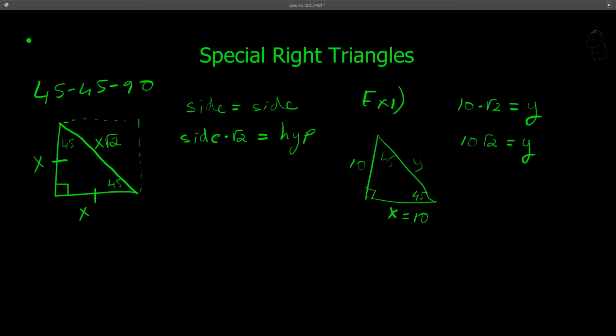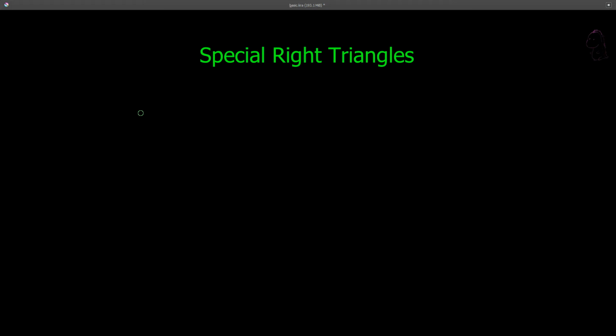Okay, let's try another example where they give you the hypotenuse instead. So they give you this to be 10, and you're looking for x and y. Now remember, side times radical 2 gives you the hypotenuse. So I have x times radical 2 is equal to 10.